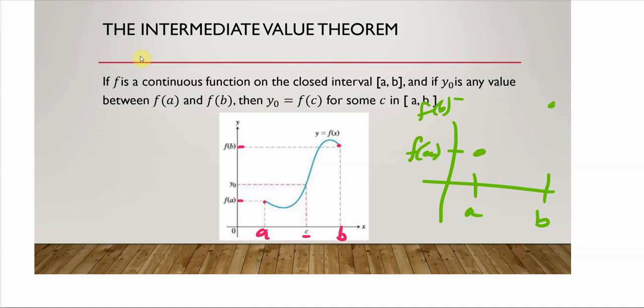So if I have a continuous function that connects from here to here, I have to go through every single point between f of a and f of b in order to get from a to b. There's no way around it. Some people might say, well, what if you jump? If you jump, then you're not making it continuous anymore. It's just saying that any y value between f of a and f of b is going to have an x value between a and b. That's all it's saying. All right.